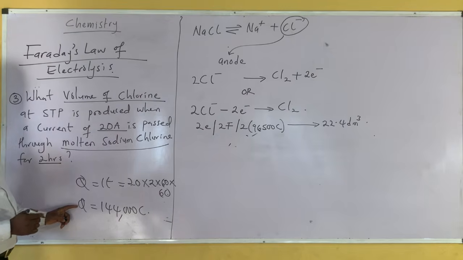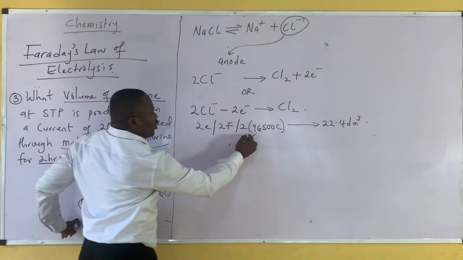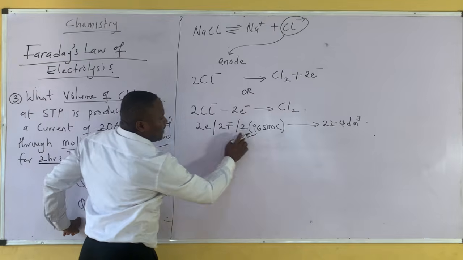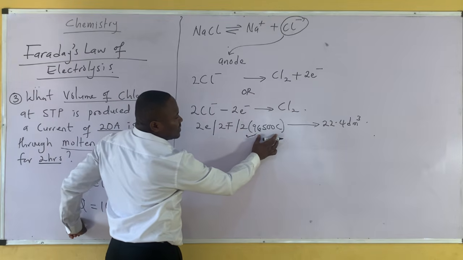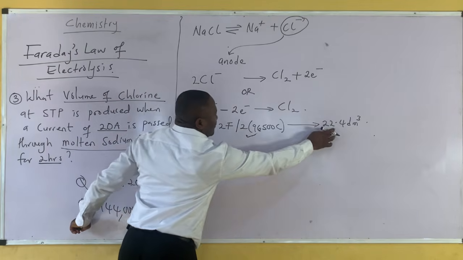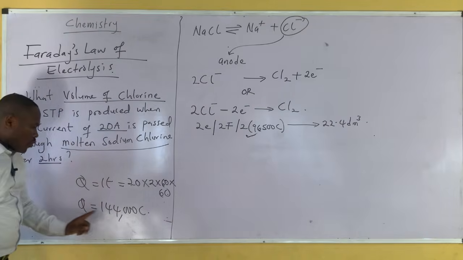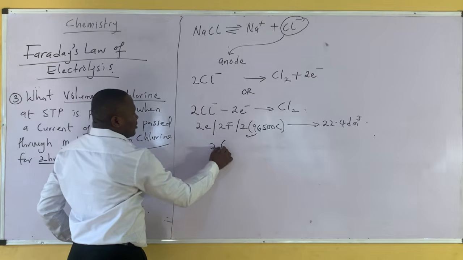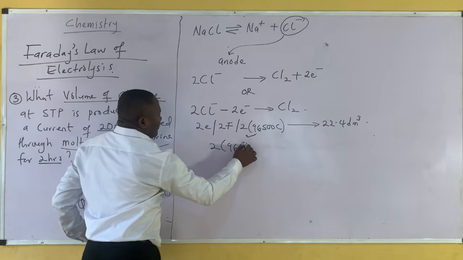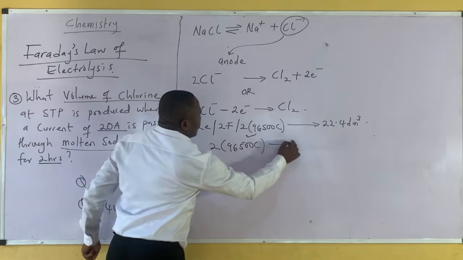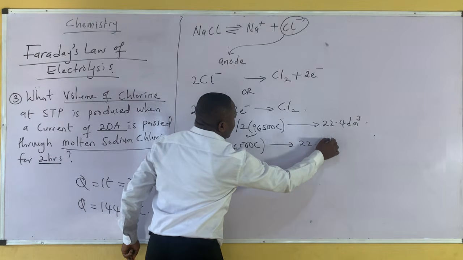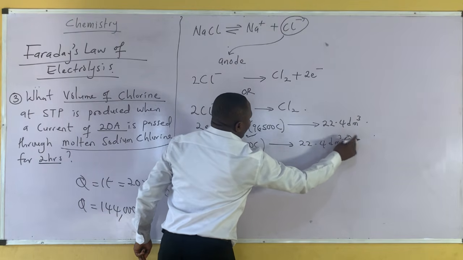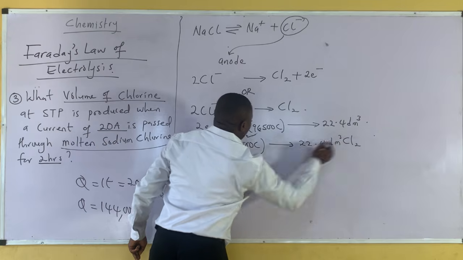Now I already know what coulombs will produce: 2 times 96500 coulombs will give me 22.4 dm³ of chlorine gas.